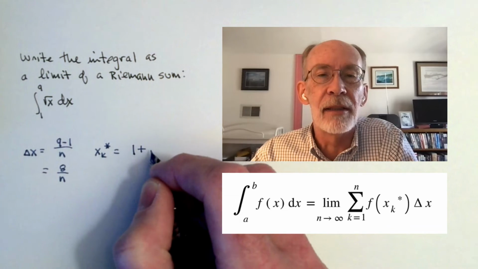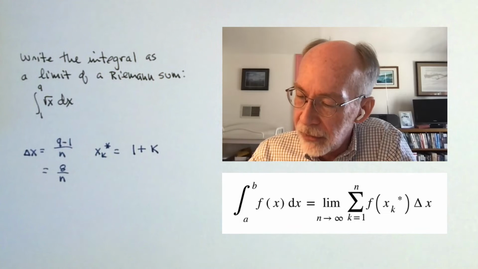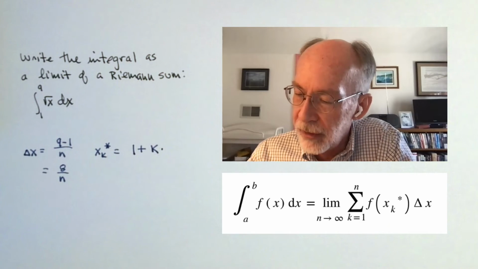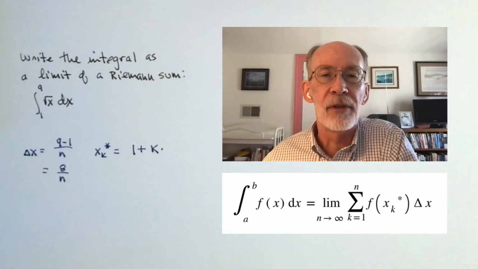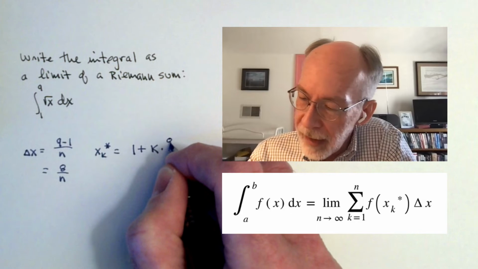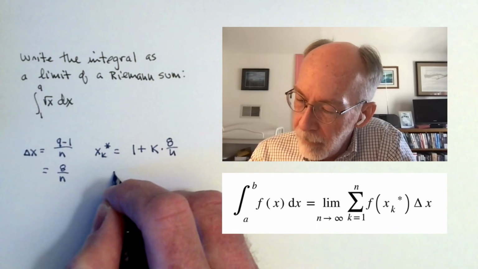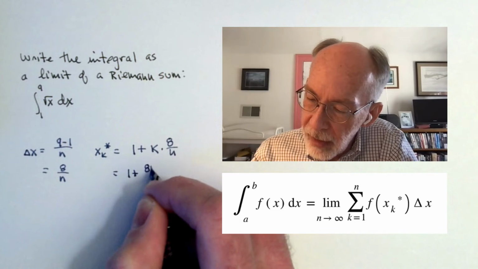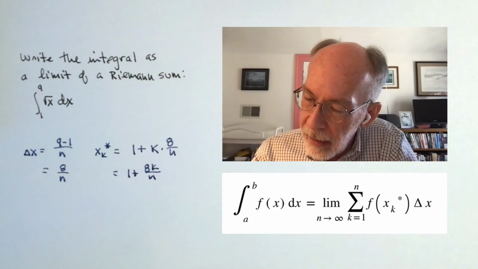And the right number of delta x's to get to the right endpoint is k. And if you'd like a review of how this works, you can certainly go back to the first video where we unpack it in quite a bit more detail. So my delta x again was 8 over n. So I can write this slightly more compactly as 1 plus 8k over n.